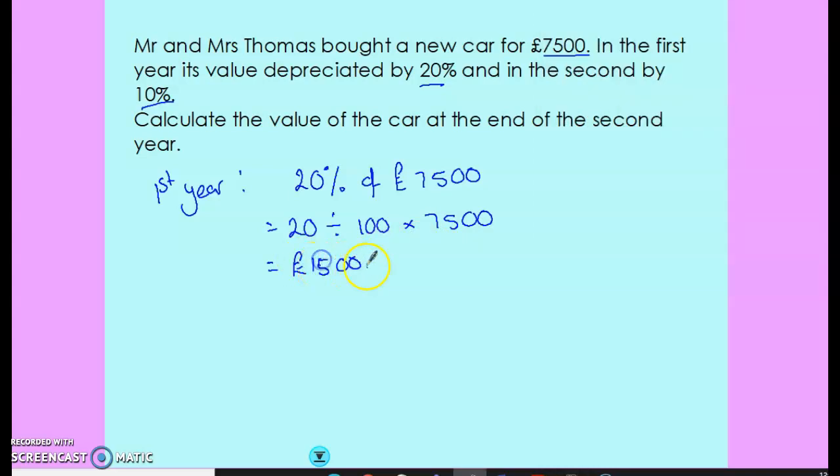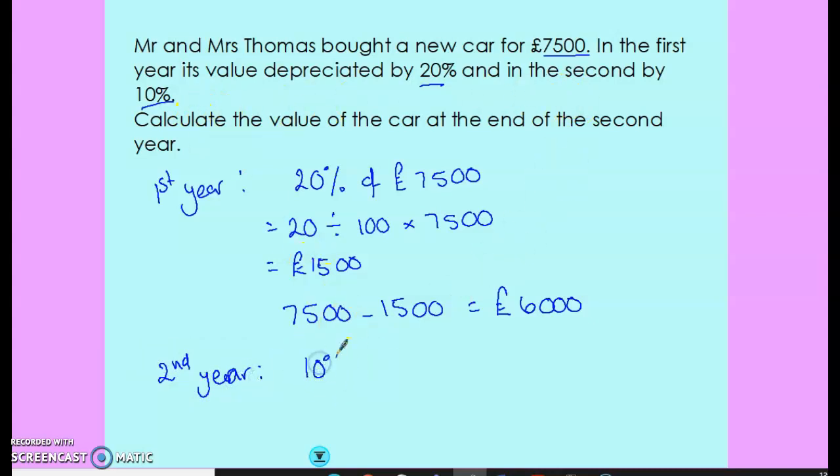So that's how much value the car has lost in the first year, which means by the end of the first year, if we take that away, the car is now worth £6,000. Second year then, second year it depreciates by 10%. 10% of 6,000, still dividing by 100, timesing by the amount.